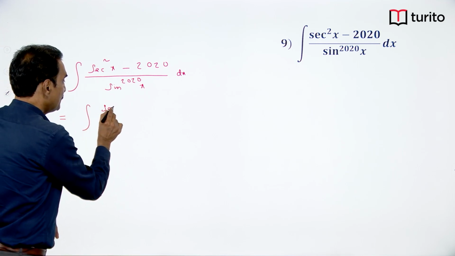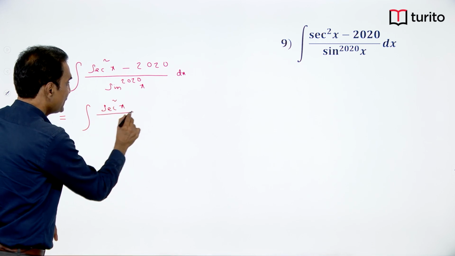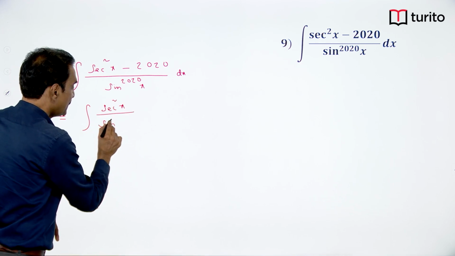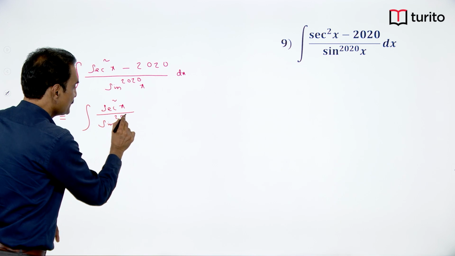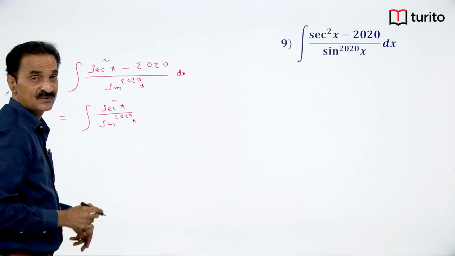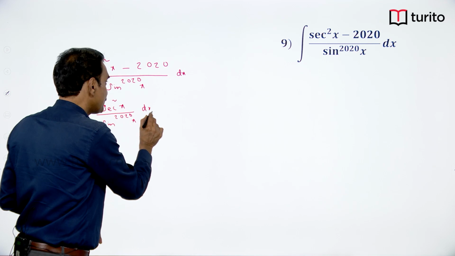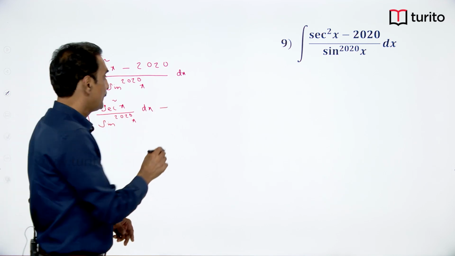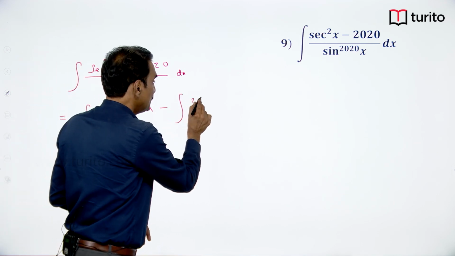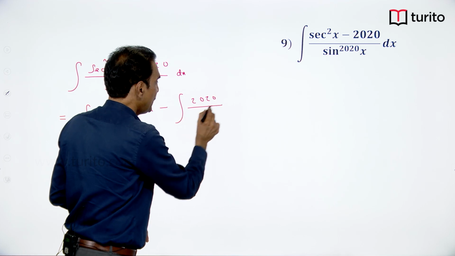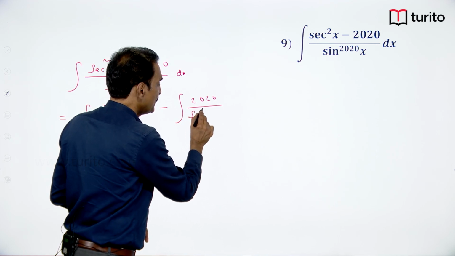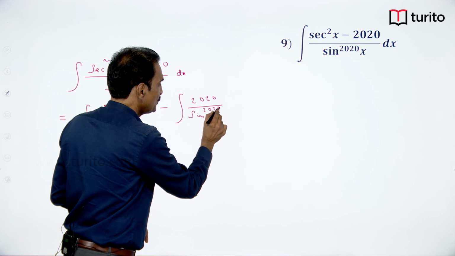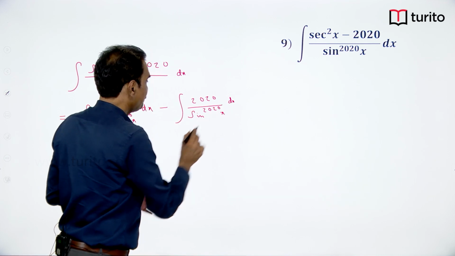it is integral secant square x by sin power 2020 x dx minus integral 2020 by sin power 2020 x dx.